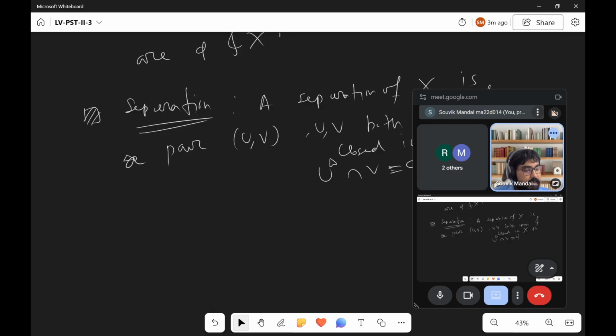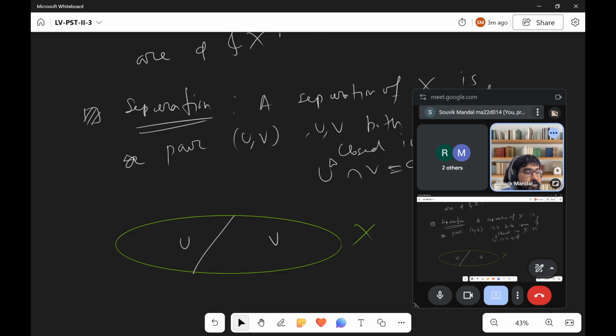That means intuitively we have some X, and in that case this forms a separation. So that's the definition of a separation, because they are both open and closed, and of course they are separated, so their intersection is empty.